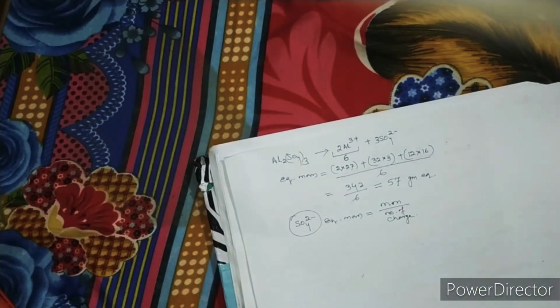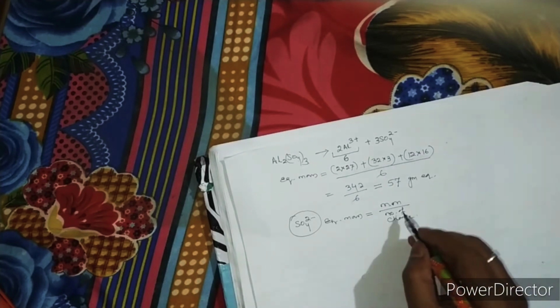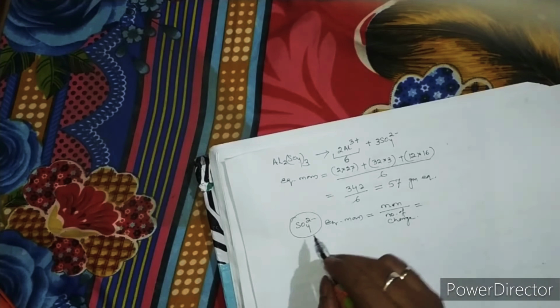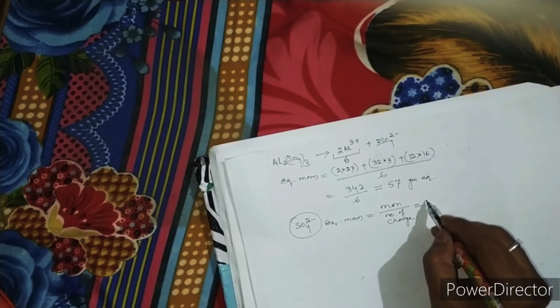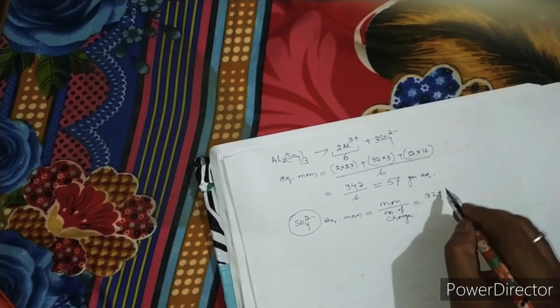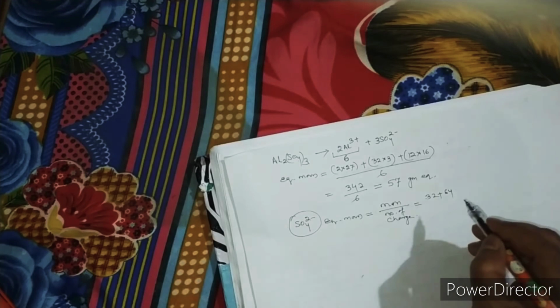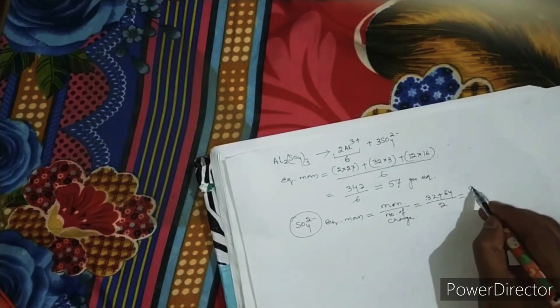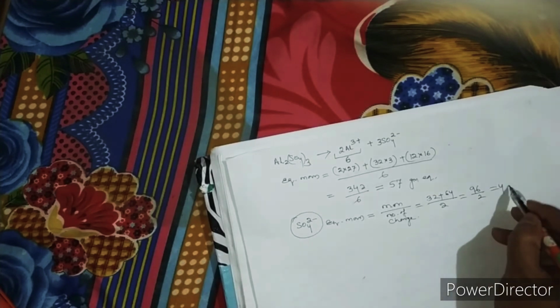Here sulfate contains 2 negative charges. That means X here is 2. So let us calculate the molecular mass. SO4: sulfur 32, oxygen 16 into 4, 64, divided by X is 2. So total 96 divided by 2, that is 48.